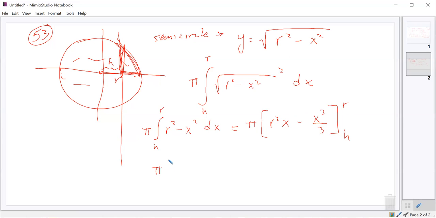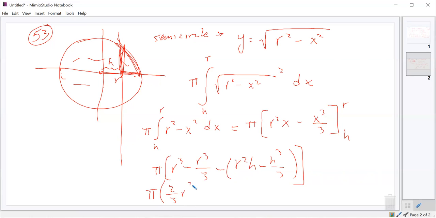We then get pi, and then we get r cubed minus r cubed over 3 minus r squared h minus h cubed over 3. And you can simplify some of this. You end up with pi times 2/3 r cubed minus r squared h minus h cubed over 3, which looks like they factored out a pi over 3, or factored out the 1/3 part of it all.